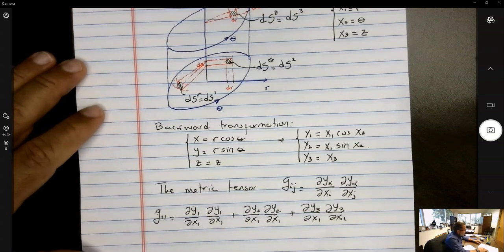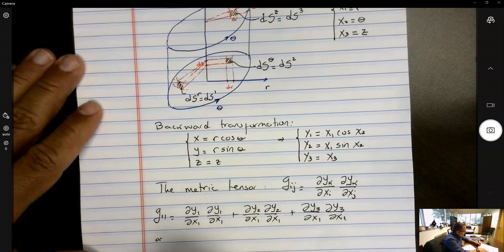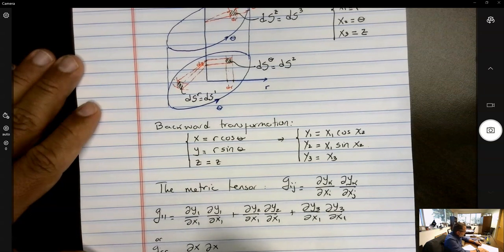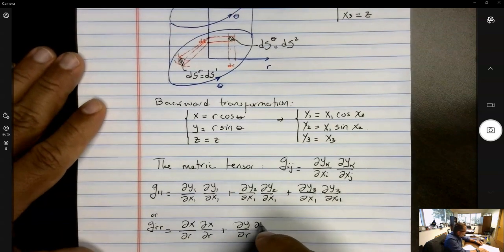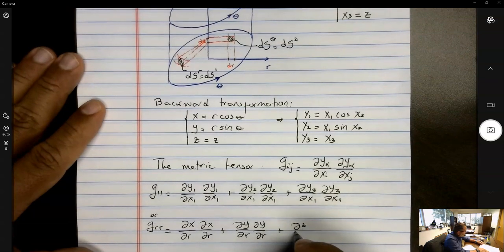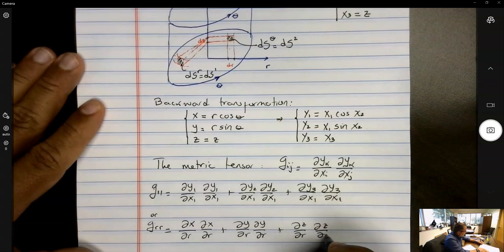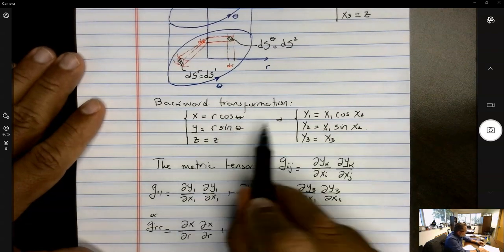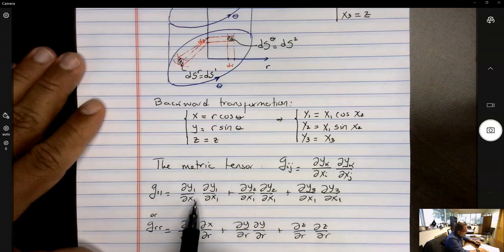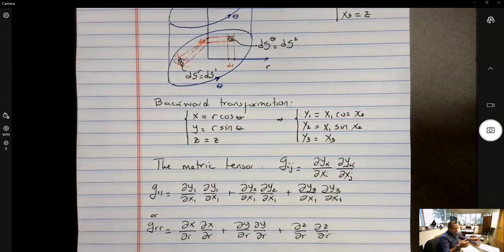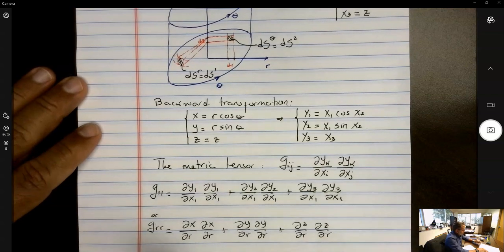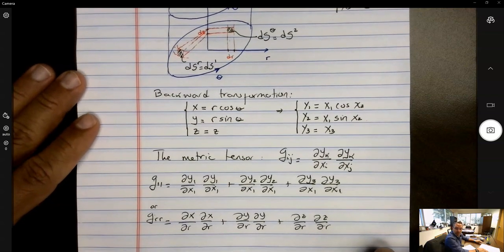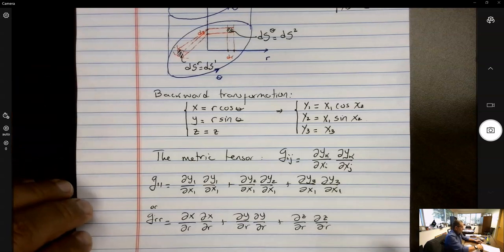So if it makes it easier to visualize, we can say GRR is equal to dx dr dx dr plus dy dr dy dr plus dz dr dz dr. Remember, coordinate x1 is r, while coordinate y1 is x. So same thing. All right, so let's do it in the usual notation, RR, rather than doing the 1, 1 notation, 1, 2, and so on and so forth.